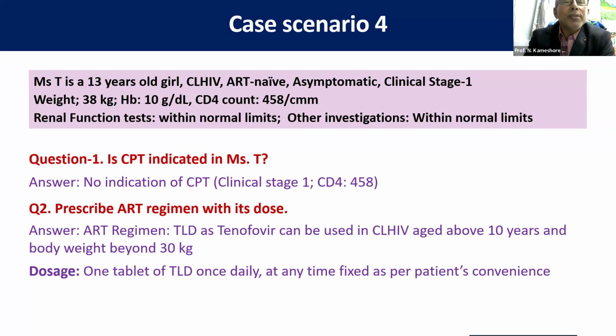So here the age is more than 10 years, weight also more than 30 kg, that is 38. CPT is not required in clinical stage 1, age more than 5 years, and CD4 count more than 350. So let us see what ART regimen to be prescribed in this girl. We will prescribe TLD because there is no contraindication for tenofovir.